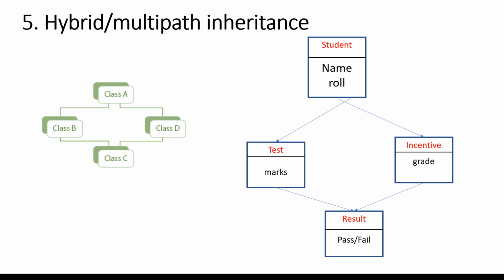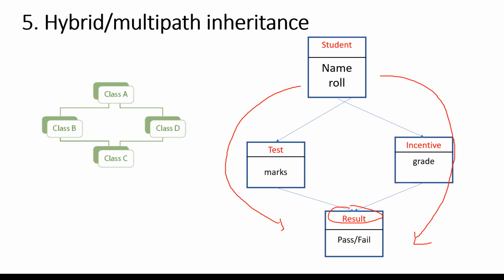The fifth, and mostly this type of inheritance is required in real life, that is hybrid or multipath. So I have already explained the difference between hybrid and multipath inheritance, right? So this is an example of multipath as well as hybrid, because you are getting the student information from this path and as well as this path.